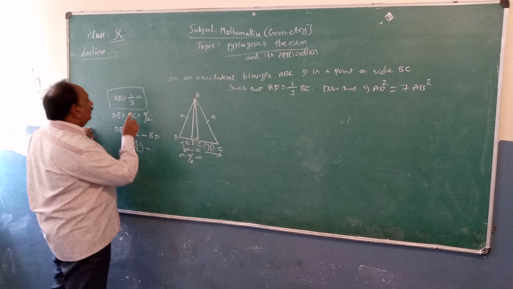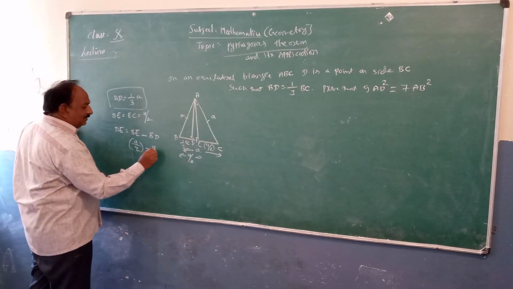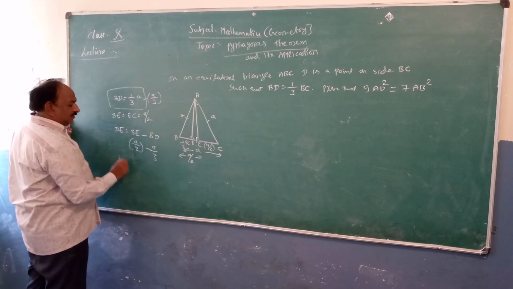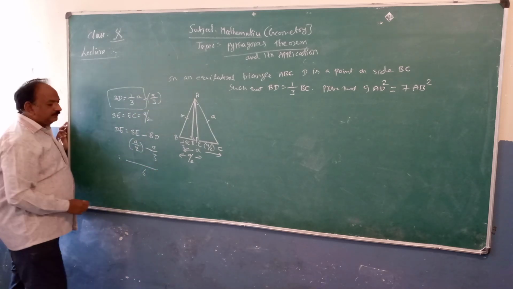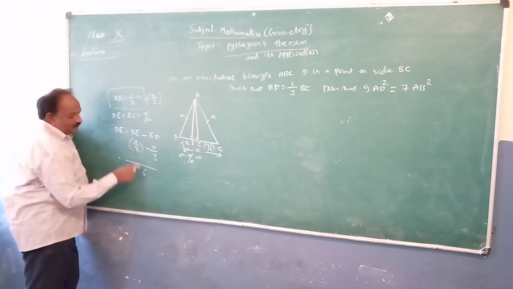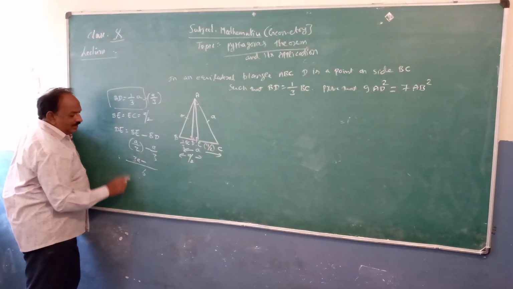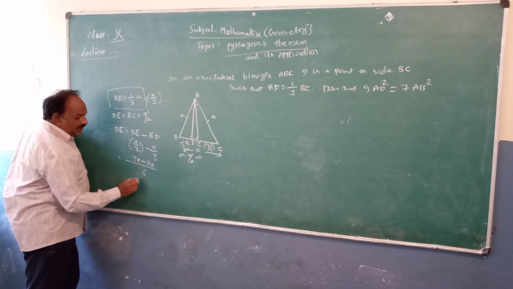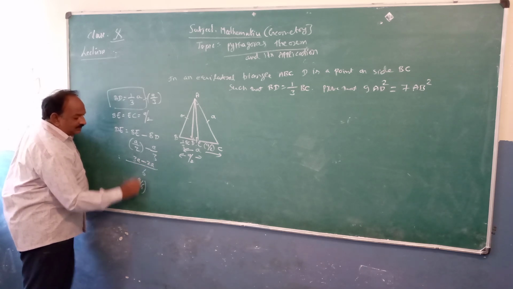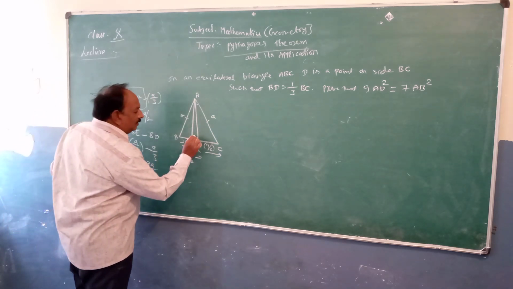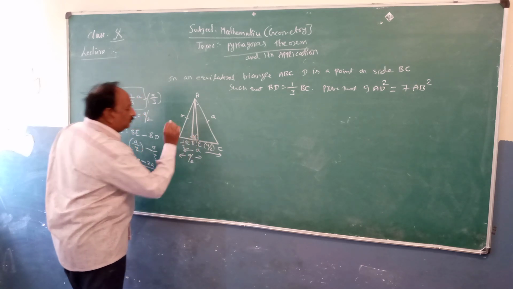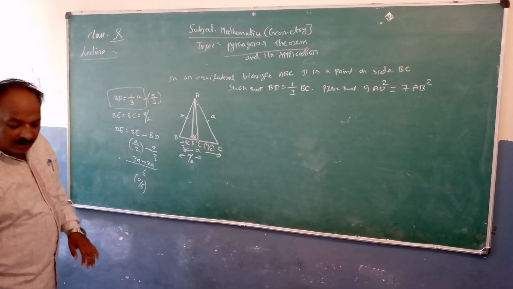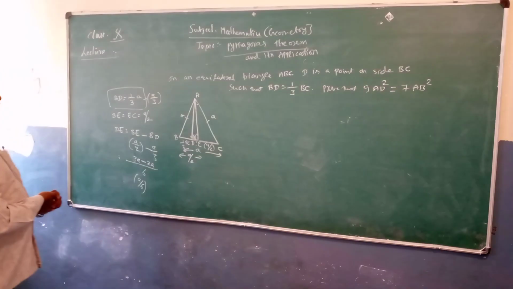What is BD? BD is already written as A by 3. 1 by 3A means A by 3. 6 is the LCM. 2 3s are 3A minus 3 2s are 2A. 3A minus 2A is equal to A by 6. The measurement of DE is A by 6. These are all the steps followed. You must try to understand this problem.